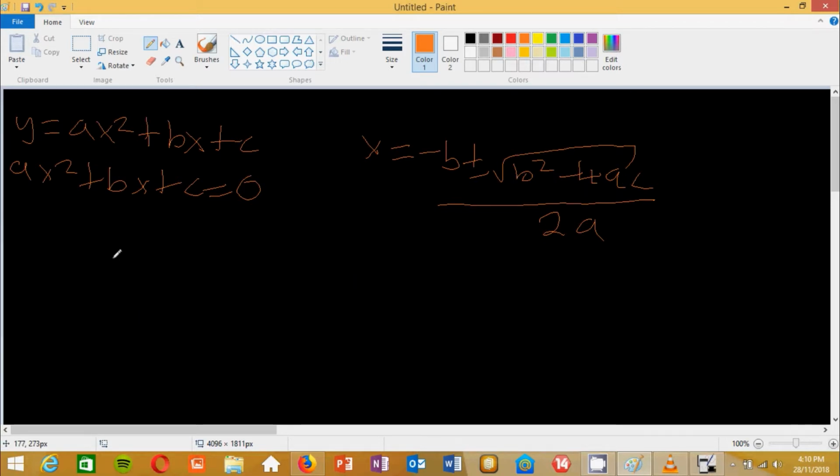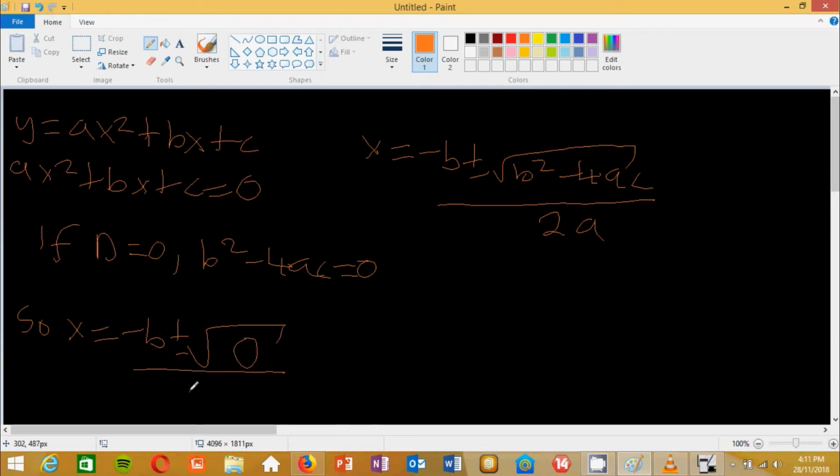Well, if the discriminant d is equal to 0, then b squared minus 4ac is equal to 0. Remember that d is just the discriminant. So x is therefore equal to negative b plus or minus the square root of 0 over 2a.